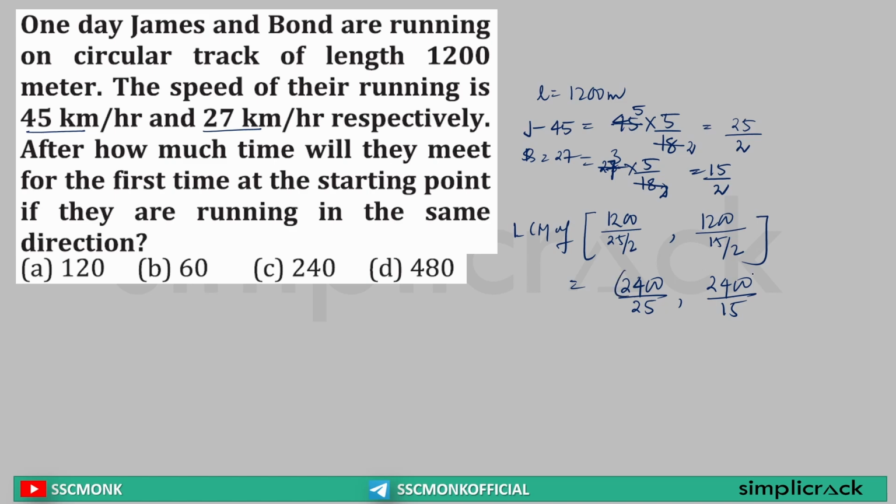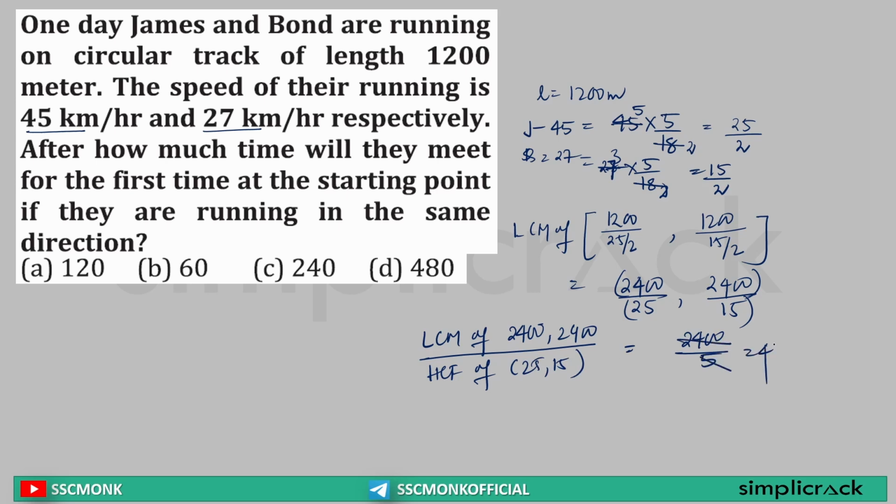LCM of a fraction means LCM of the numerators divided by HCF of the denominators. So LCM of 2400 divided by HCF of 25 and 15, which is 5. 2400 divided by 5 is 480. So they will be meeting at the starting point after 480 seconds of starting the race.